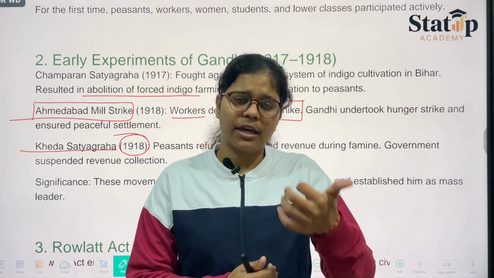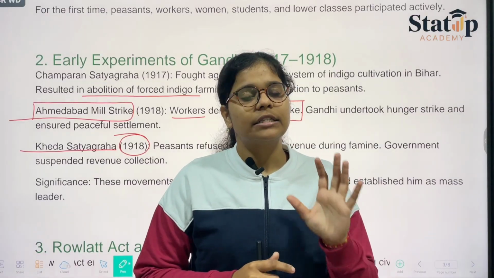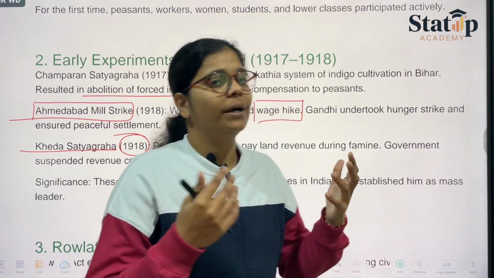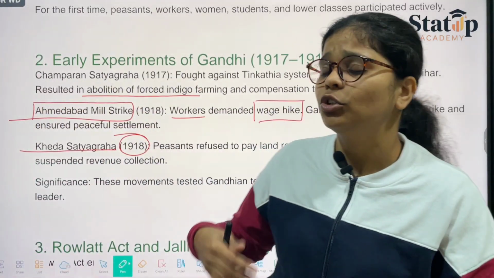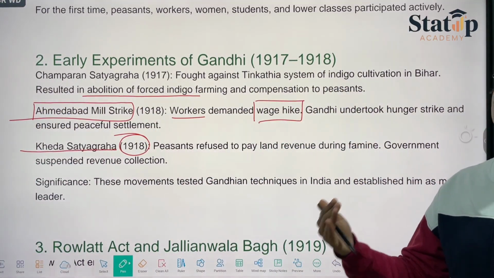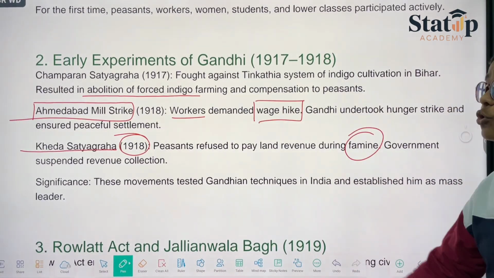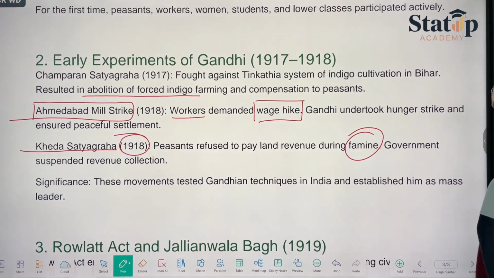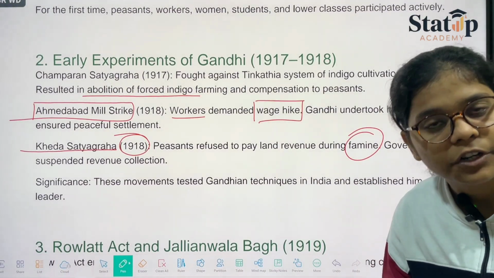So that was their reasonable stand, to stay back from paying the land revenue, but still Britishers being Britishers. So they called Mahatma Gandhi. Mahatma Gandhi talked to them, and then the land revenue collection was suspended for a certain period of the famine. So what is the significance? The significance is that Gandhian techniques in India were actually working.